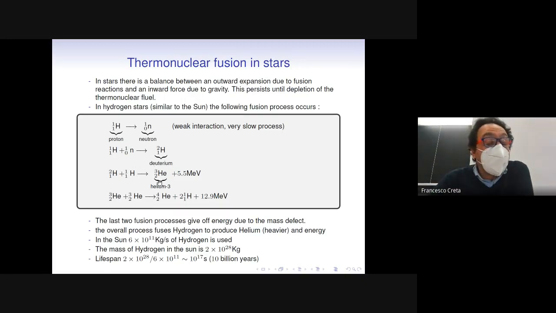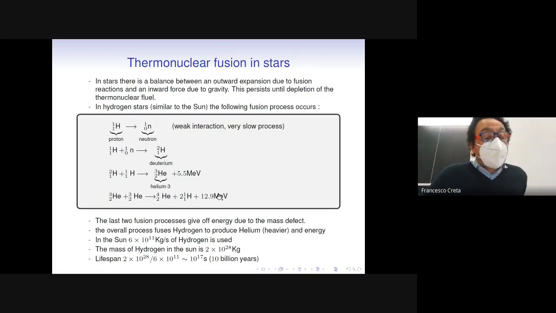You see, now you have a more complex element here with the output of energy. And then these two helium will form the final helium atom. So these last two will give out energy because of the so-called mass defect.